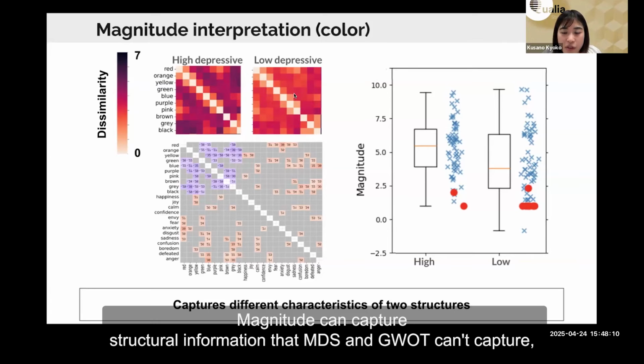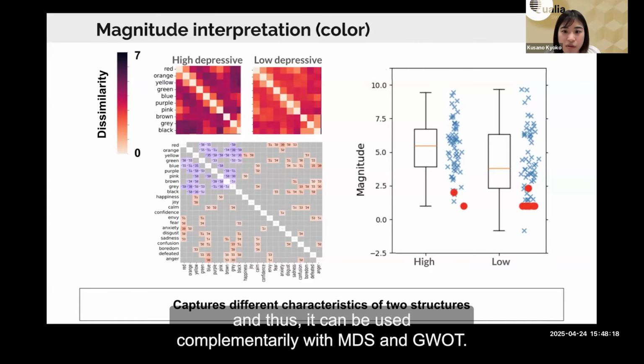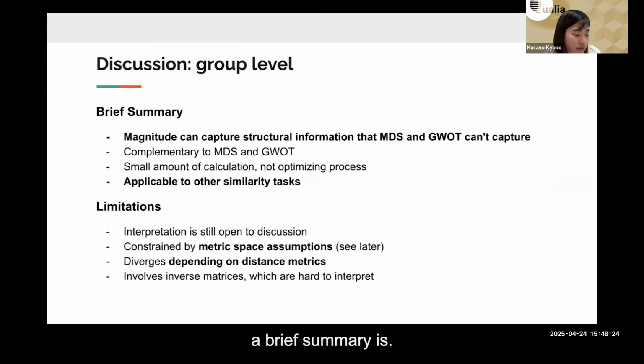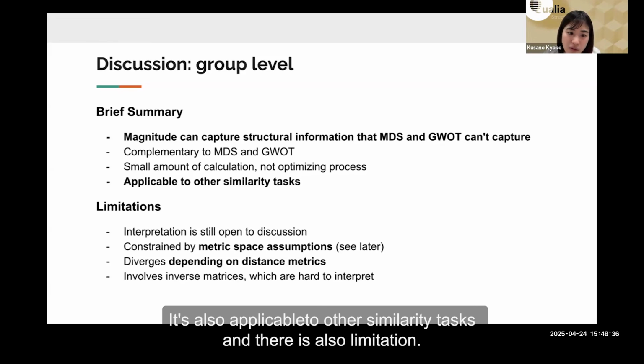So in this way, magnitude can capture structural information that MDS and GWT can't capture, and thus it can be used complementarily with MDS and GWT. A brief summary: this is a small amount of calculation because it's not an optimizing process, and it's also applicable to other similarity tasks.